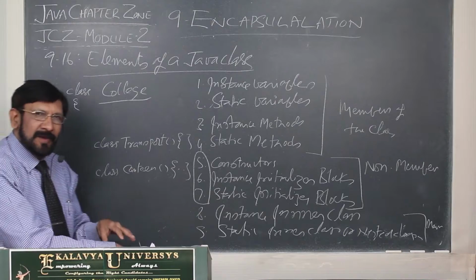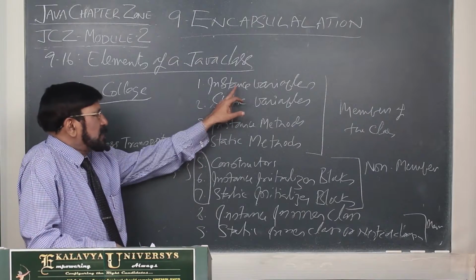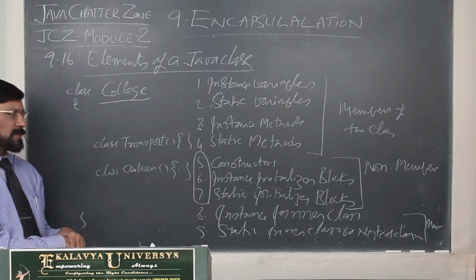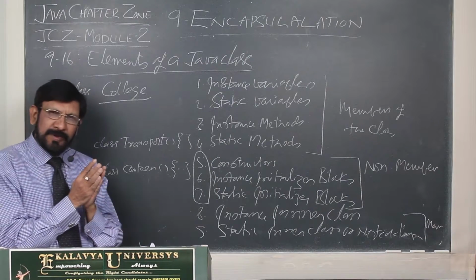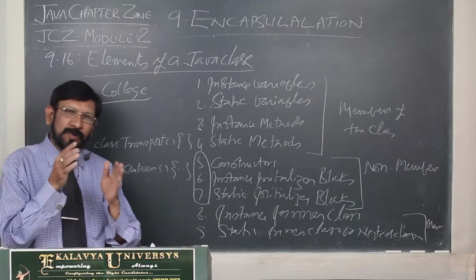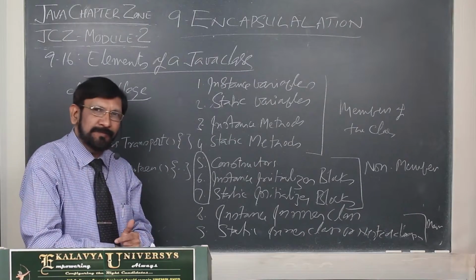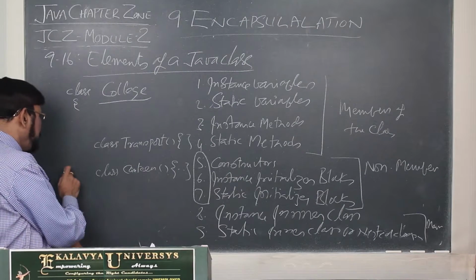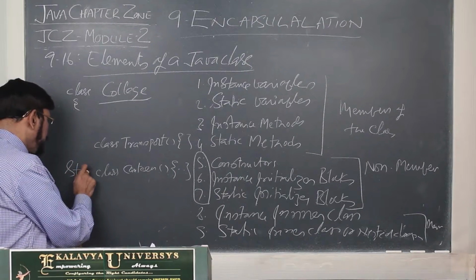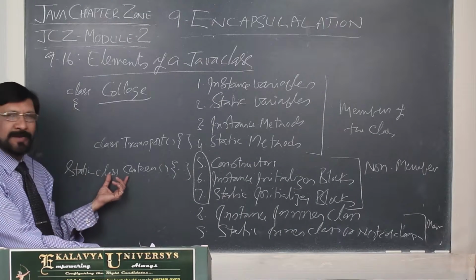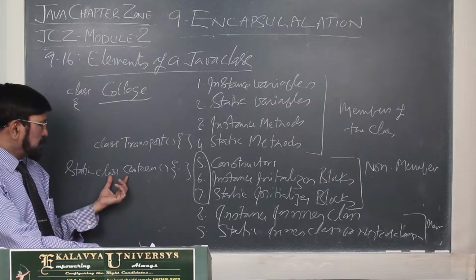Now you know that there are instance variables and static variables. So sometimes, if any particular class as a member should act like a static member, then you may declare it as static. That means it is treated as a static member of the class.